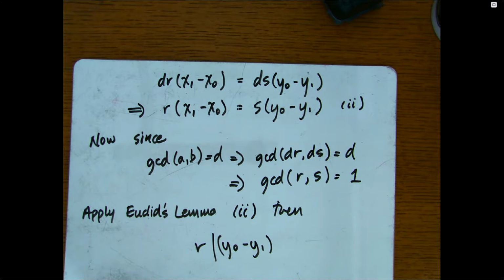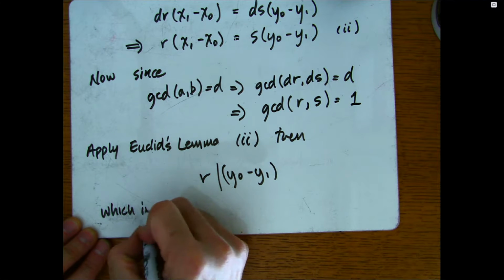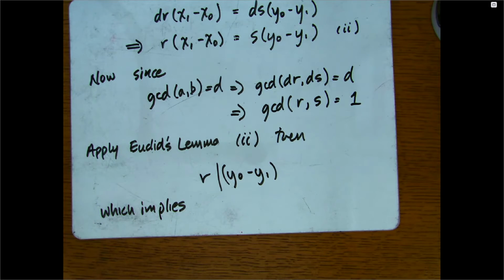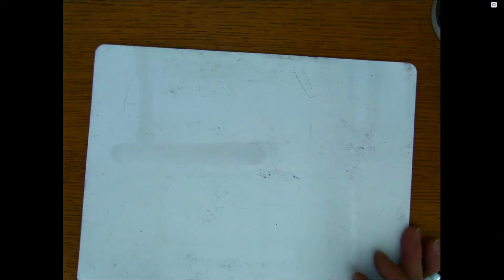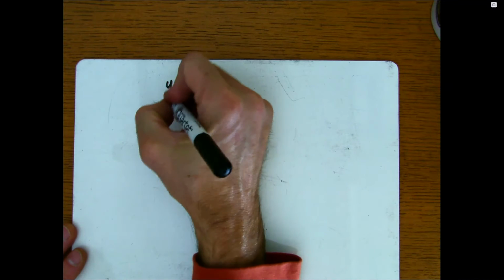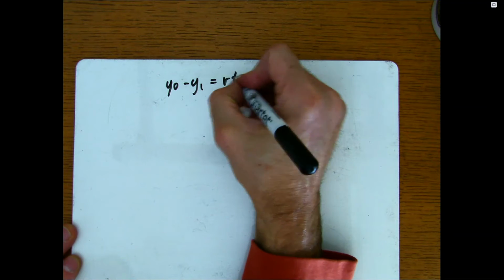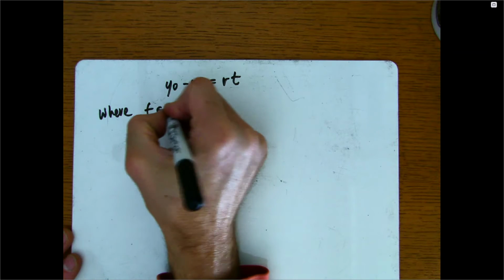Once we have that piece, what does that imply? Well, it implies that y0 minus y1 is some multiple of r, right? So let's call that multiple rt, where t is an element of the integers.